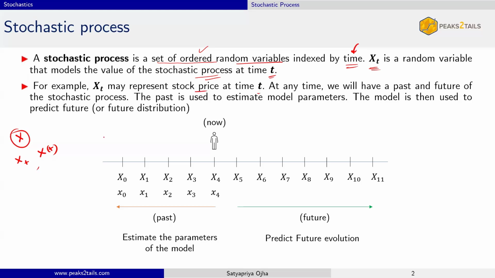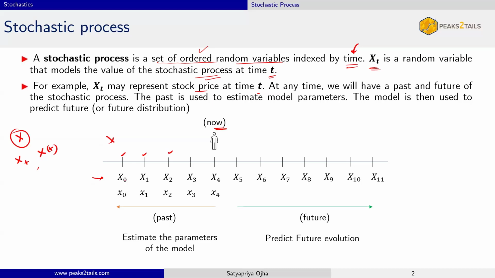Now, if you look at this picture, this is the typical scenario that you will always have. Okay, so there is a time point which is right now. So you are standing here right now and you are monitoring or observing a particular process at certain time intervals.